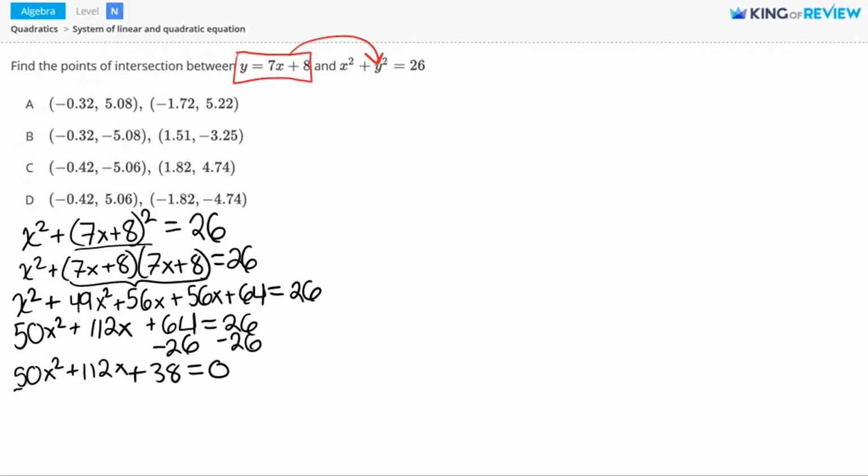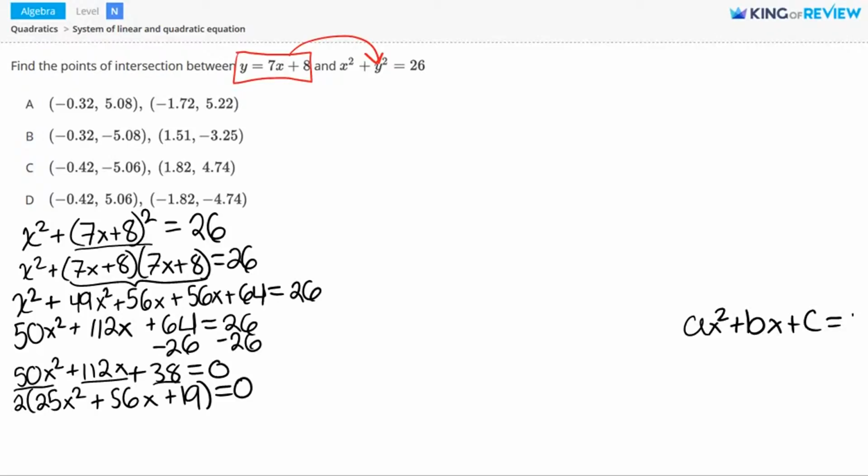Now, are there any common factors between these three terms? Yes, 2 is a common factor, so let's factor out a 2. I get 2 times (25x squared plus 56x plus 19) equals 0. Now our equation is in the form ax squared plus bx plus c equals 0.